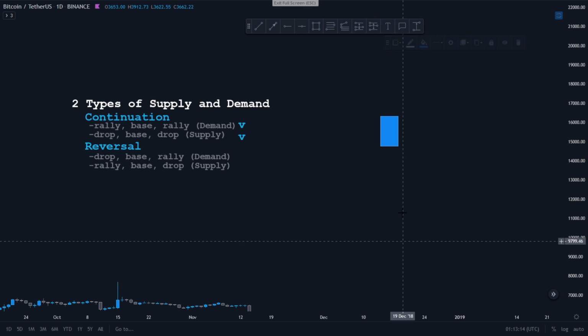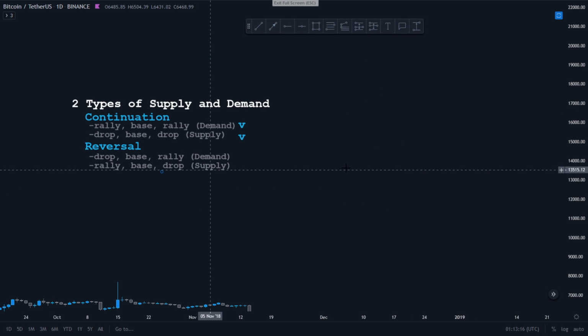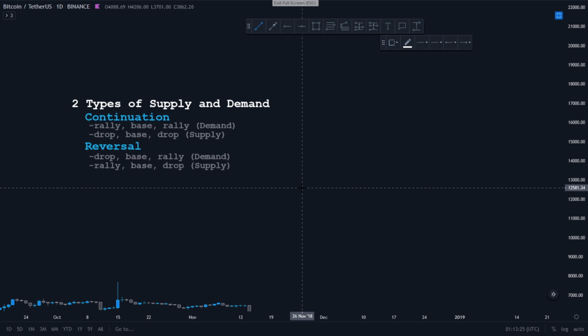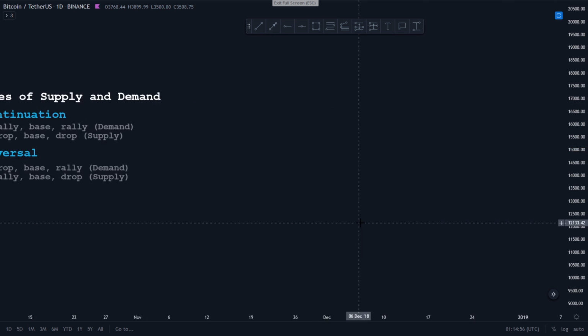Alright, so now that we had all the types here, okay, we had all the types. We had rally, base, rally, which was this one. All types to draw.